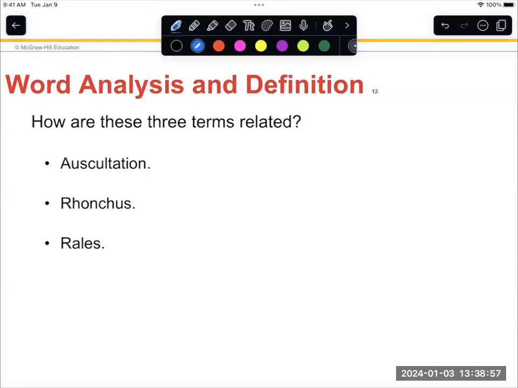Rhonchus, or rhonchi in the plural, is that wheezing sound that is heard upon auscultation because of an obstructed airway. And rales are those crackles that are heard when air bubbles move through those alveoli that are filled with fluid.